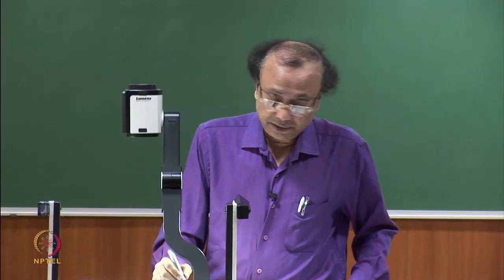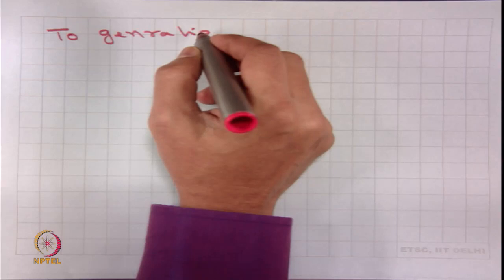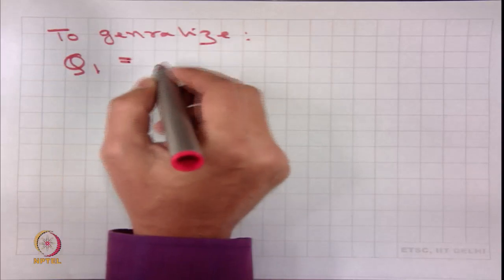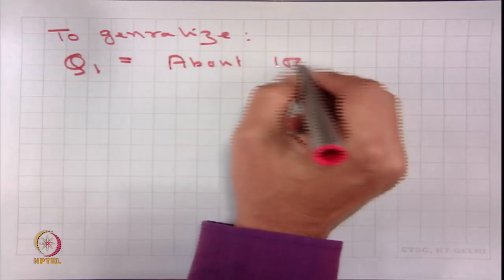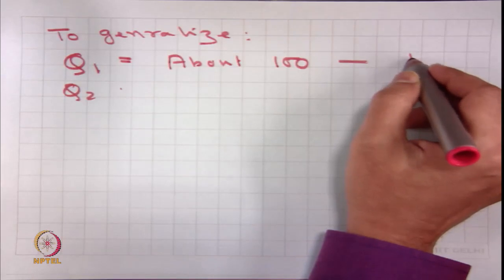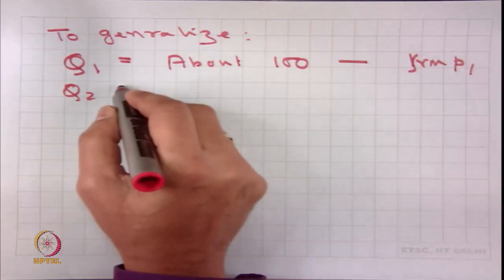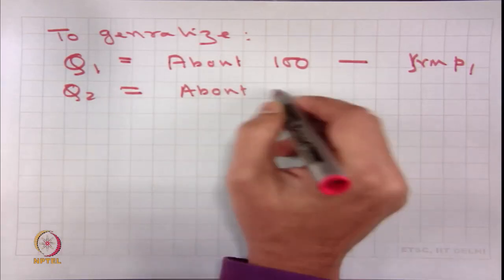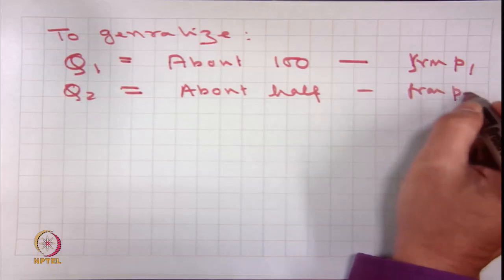So, to generalize this, we have Q1 is equal to about 100, which is associated with P1, and Q2 is equal to about half, and this we got from P2.